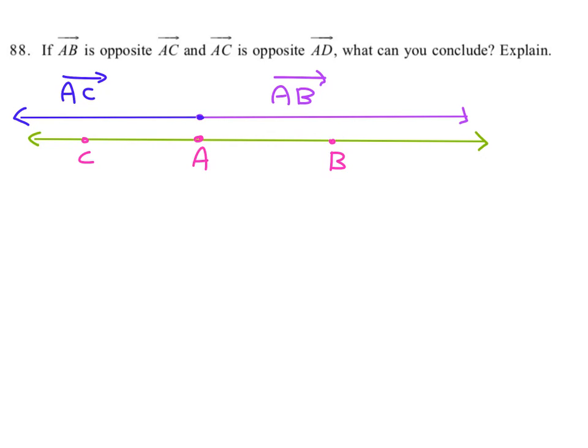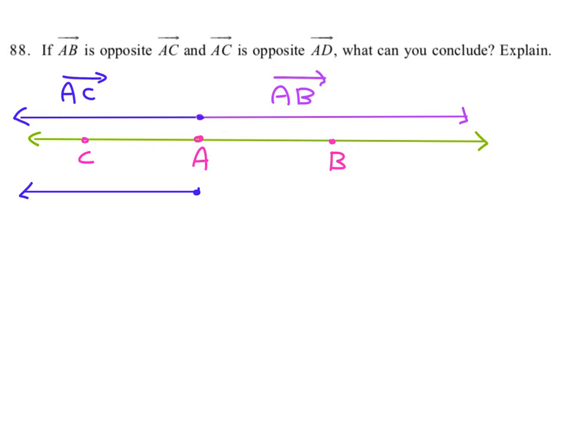if AC is opposite AD, so here's AC, let's just draw it again underneath it, from A running through C. This is also opposite some other ray AD.